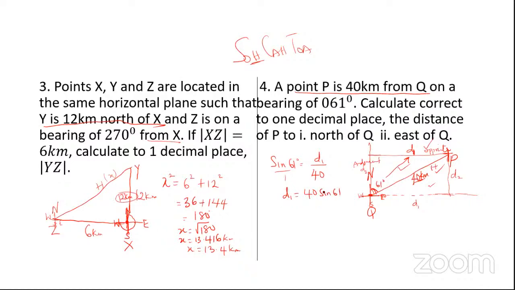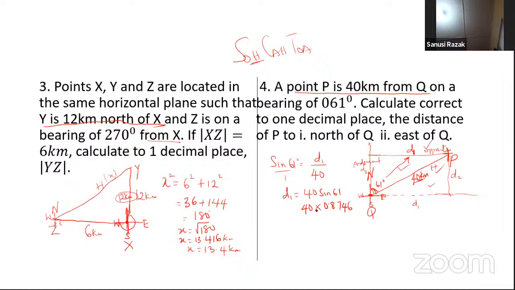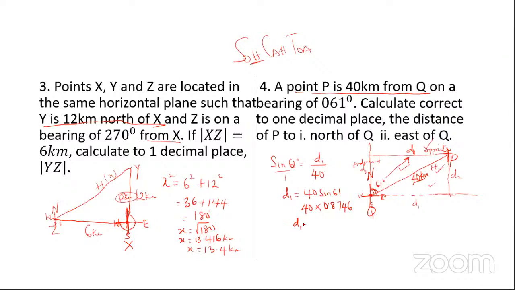If you use your calculator or 4-figure table to know what the value of sine 61 is, it is 0.8746. So if you multiply it by 40, it's going to give us 34.98.